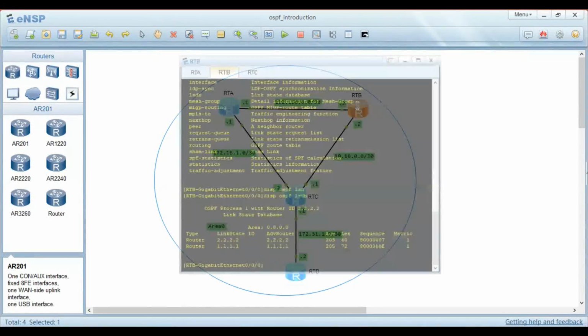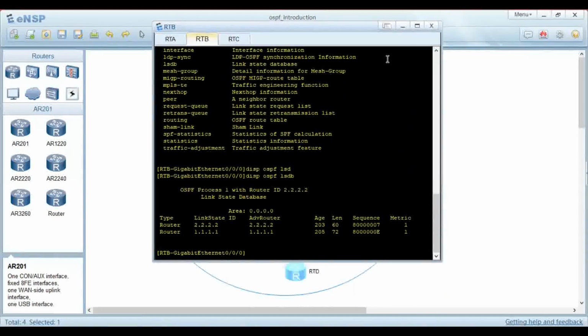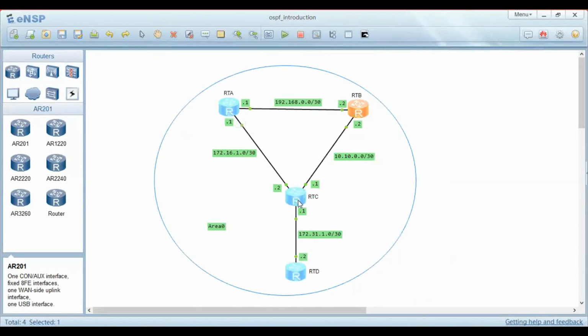If you come to B, it should have only one neighbor, because even though this one is configured for OSPF, this network has not been enabled for OSPF. So two levels, if you're troubleshooting an OSPF network, look for two things: whether the router itself has been configured for OSPF, and the concerned network, whether it has been added to the OSPF process using the network command.